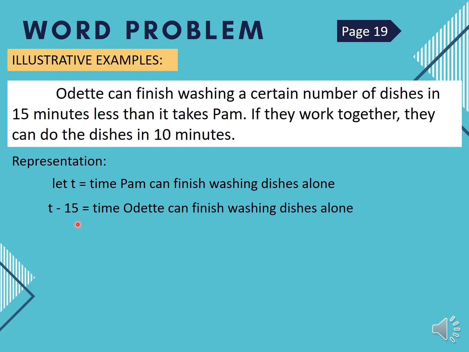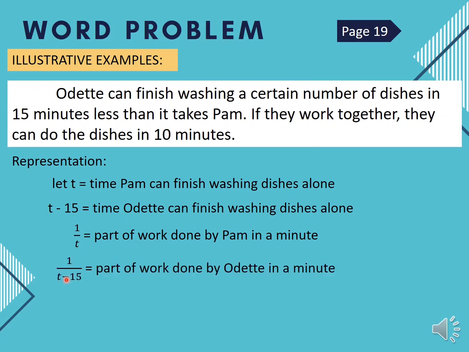Since one whole work to be done is equal to 1, we can represent 1 over T as part of work done by Pam in a minute, as well as 1 over T minus 15 ang part of work done by Odette in a minute. Therefore, this is their rate.